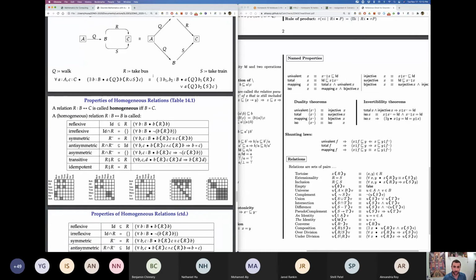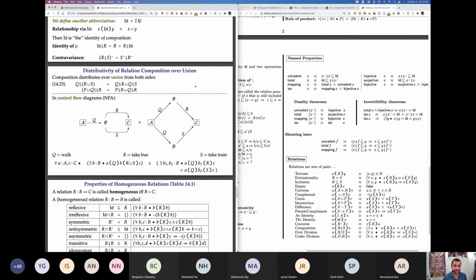But notice how the formula is so long. This one gets even longer. Let me go back to my beautiful squares. So it's a really long formula, but it's really short to express in this language because all the quantifiers are hidden.